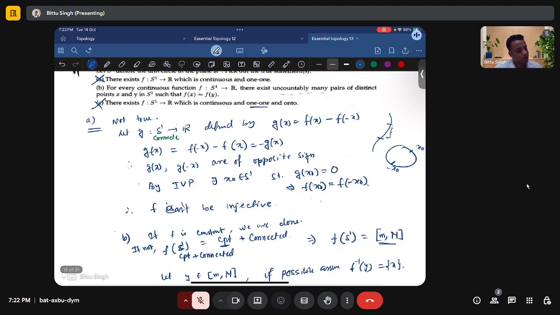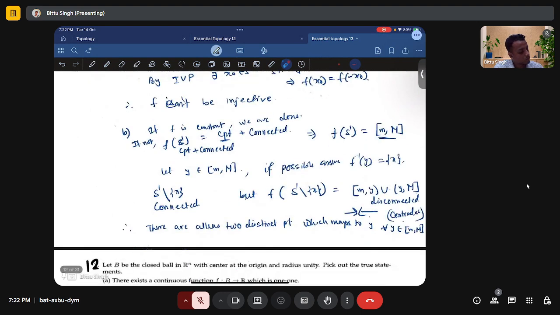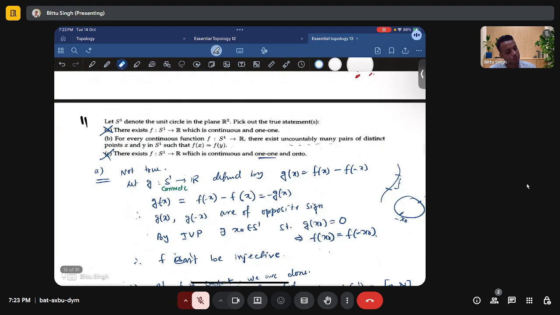So from here it is clear that there are at least two distinct points x, y which go to the same point. So maybe this is z, or any z belonging to [m, M]. There are at least 2 points x, y, both map to z. f(x) equals z and f(y) is also z. So instead of y, we should consider z. So it is okay. So B is true.